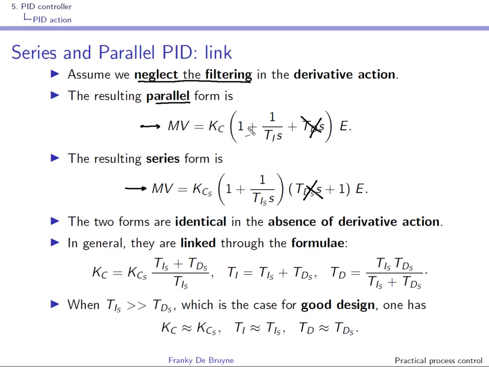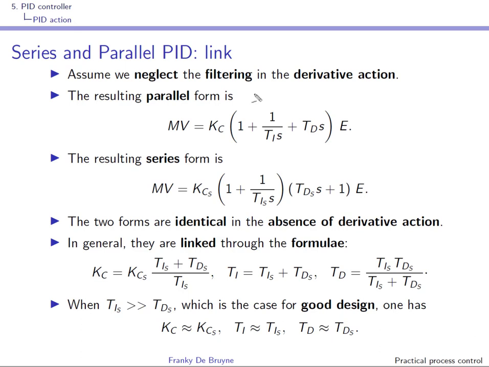You see that both the resulting parallel form and the resulting series form are identical. So if you're working with a PI controller, you will basically see no difference between a series implementation and a parallel implementation.